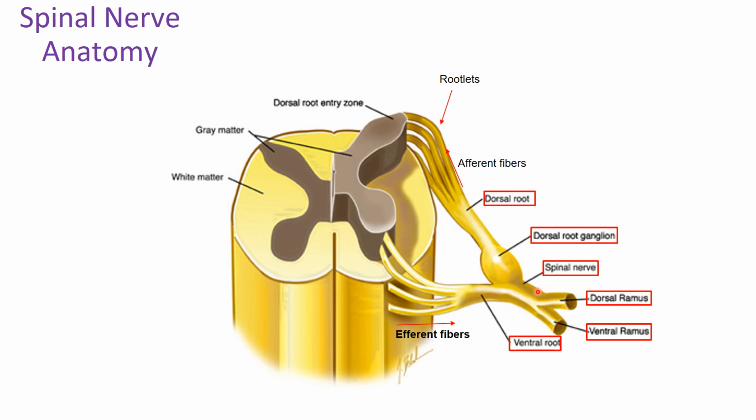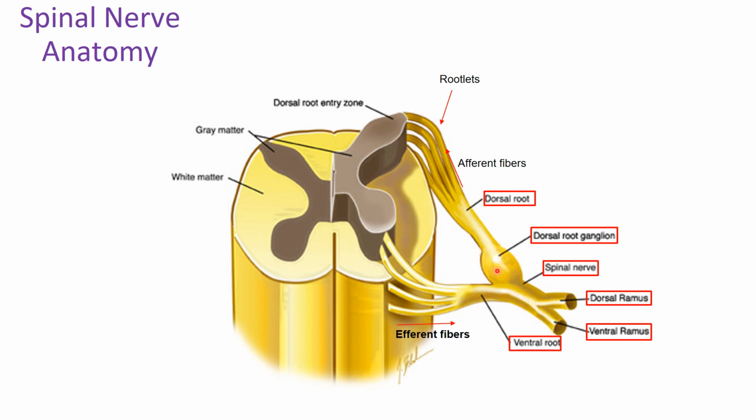Now, what I want to point out here is we mentioned that sensory nerves are typically pseudo-unipolar neurons. So, the cell bodies are located in a ganglion. And this ganglion is specifically located on the dorsal root. So we give it the name dorsal root ganglion. This is the location of the cell bodies for the sensory nerves that run with the spinal nerves.